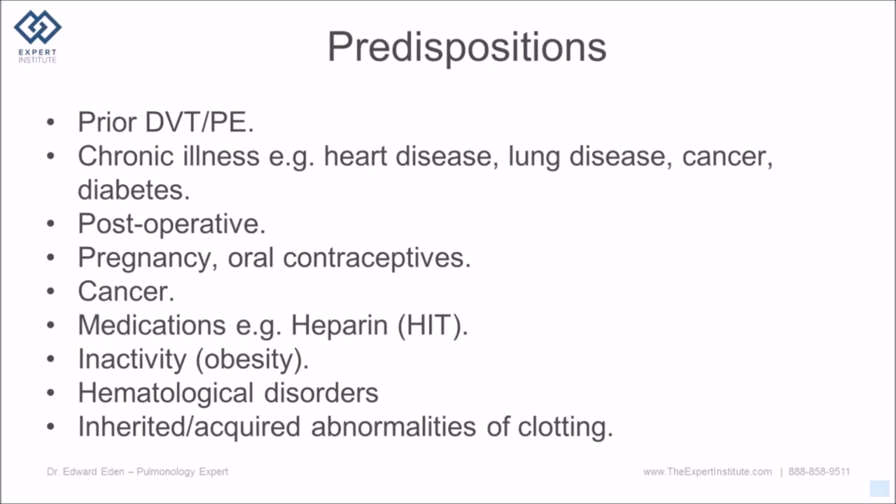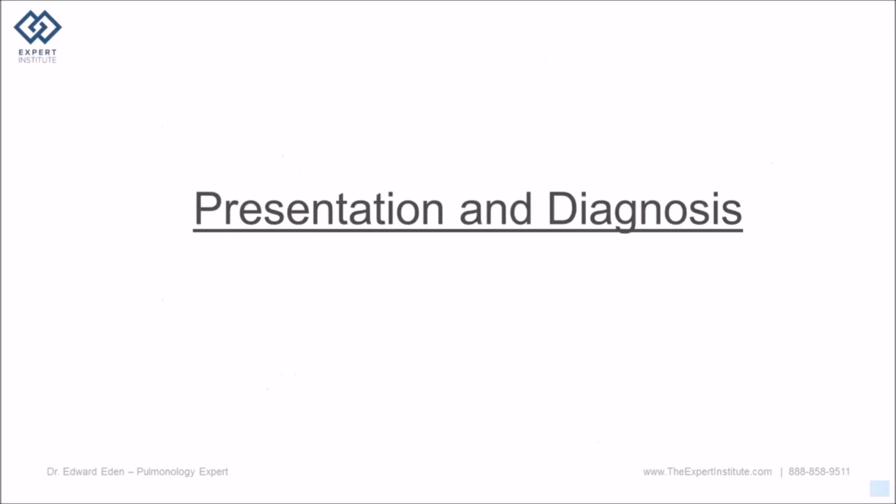And I've already mentioned inherited or acquired abnormalities of clotting, the clues of which are usually gleaned on a thorough past medical history. Next slide, please. The presentation and diagnosis of pulmonary embolism is difficult. Next slide.